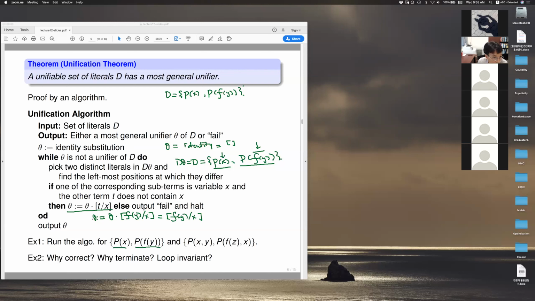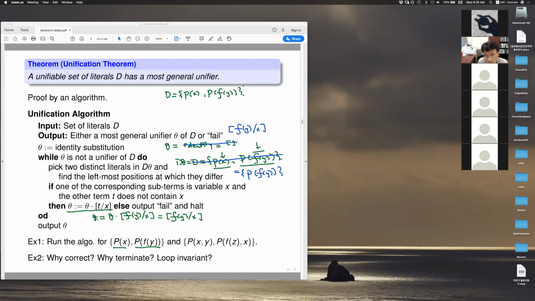Now, if we apply this new substitution, let's erase this, maybe this round. When you go into the loop again, now our substitution becomes f of y for x. If we apply this substitution d theta, then our set is now the same as p of f of y.